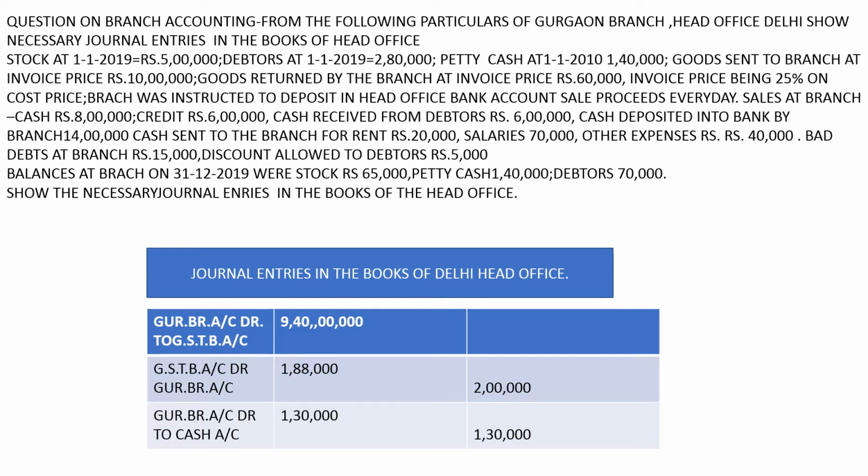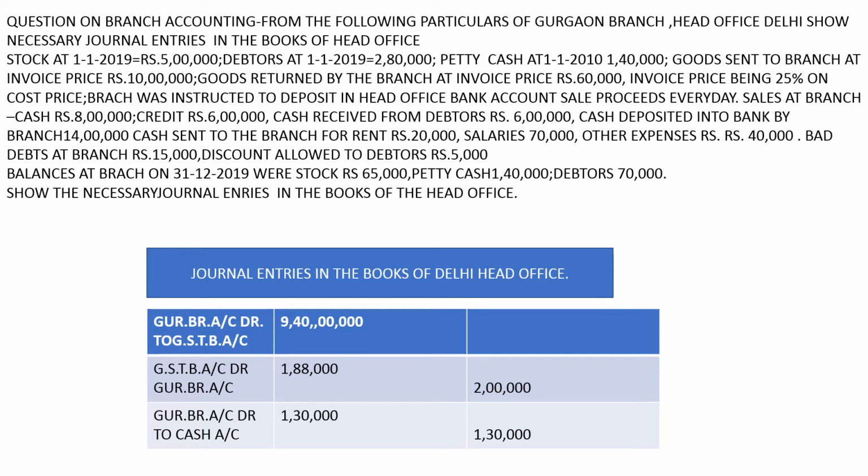Debtors rupees 2,80,000 and petty cash rupees 1,40,000. Goods sent to branch at invoice price rupees 10 lakh. Goods returned by branch at invoice price rupees 60,000. Invoice price being 25% on cost price.